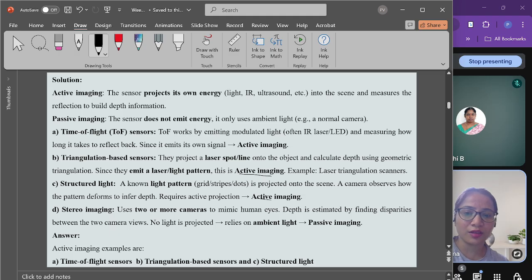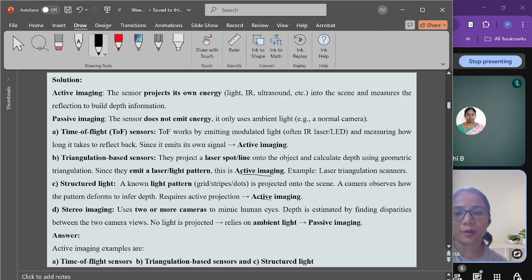So it is an example of only passive imaging, because while the cameras mimic the human eyes, they do not radiate or emit any light. The depth is estimated by finding the disparity between the two camera views. No light is projected; it uses only ambient light. So this is an example of passive imaging.